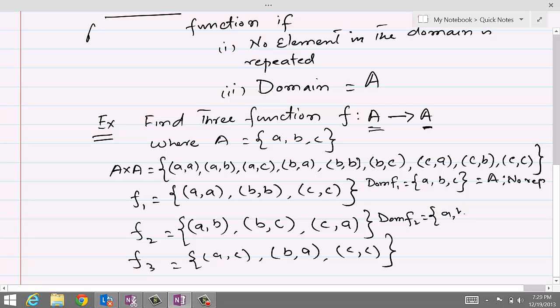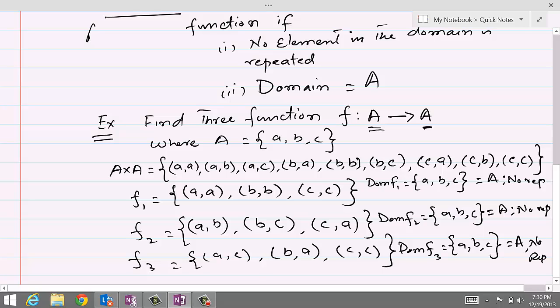No element is repeating, and this is equal to A. And similarly, the domain of F3 is equal to a, b, c again, it is equal to set A, and again no repetition.